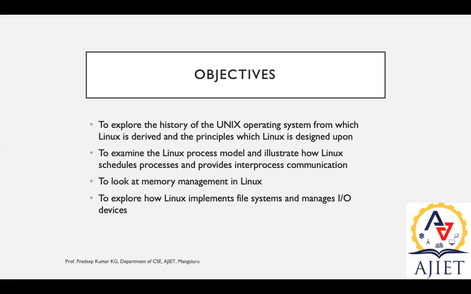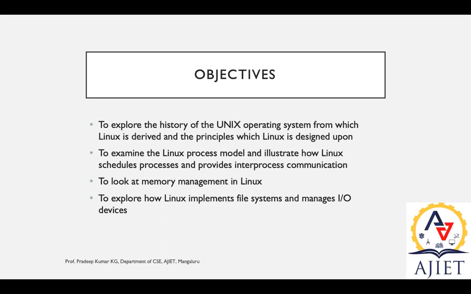So these are the major objectives of this particular chapter. We are trying to explore the history of the Unix operating system from which Linux is derived, and we'll trace out the principles which Linux is designed upon. We'll examine the Linux process model, how it works, how it schedules processes, and how it provides IPC, inter-process communication.